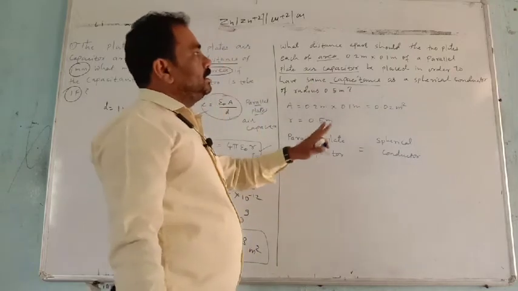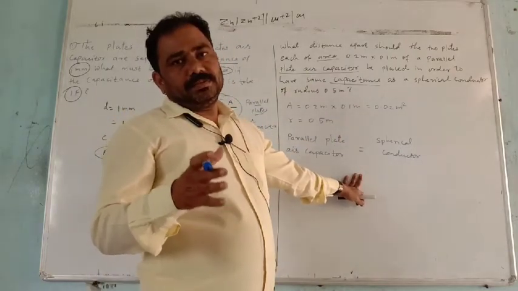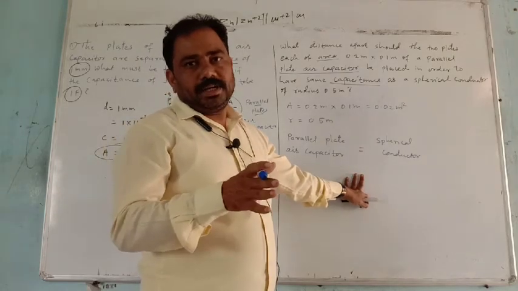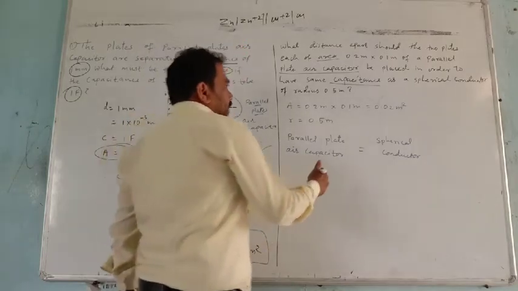The formulas for capacitance used for a parallel plate condenser and a spherical condenser are different. What is the actual formula?